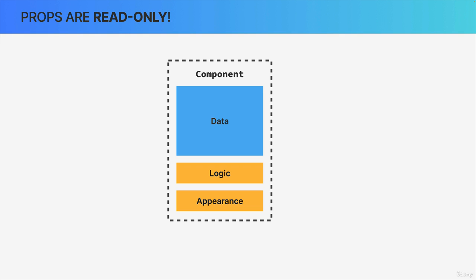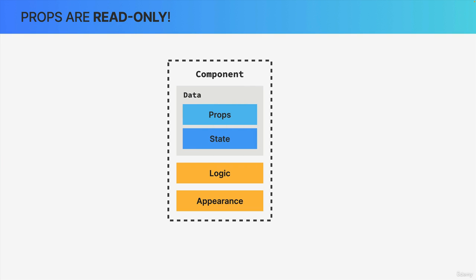Now, I've also been saying since the beginning of the course that React renders a component based on its current data, and that the UI will always be kept in sync with that data, right? But now it's time to get a bit more specific about what that data actually is. So this data that React uses to render a component is made out of props and state. And actually, there are even more types of data, but what matters for now are props and state.